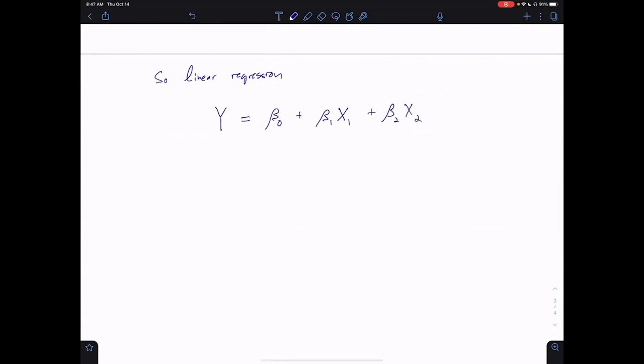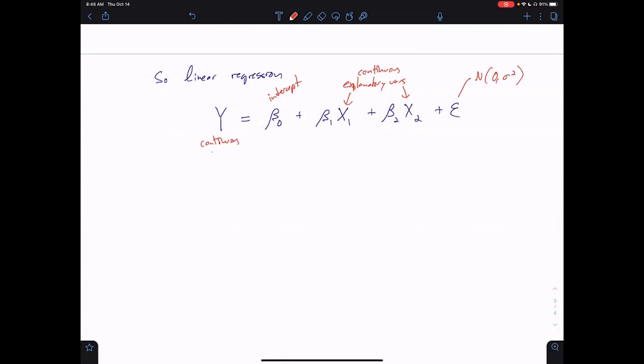I'm going to use 2 for a lot of this talk, just for simplicity, and plus some noise, right? So in linear regression, this is our intercept. These are explanatory variables, which we can think of as continuous random variables. And then we have some noise, and the noise is normal 0 sigma squared.